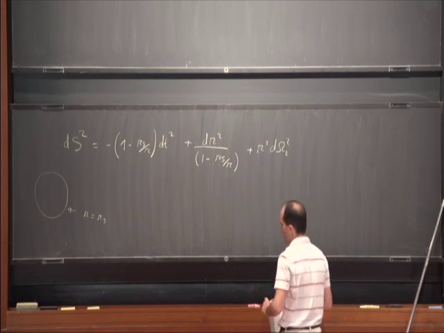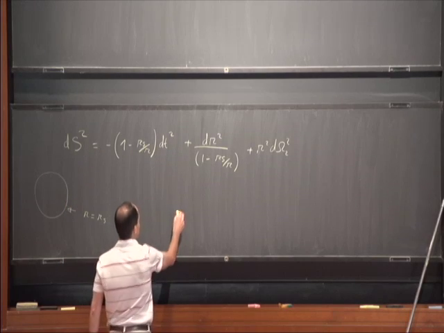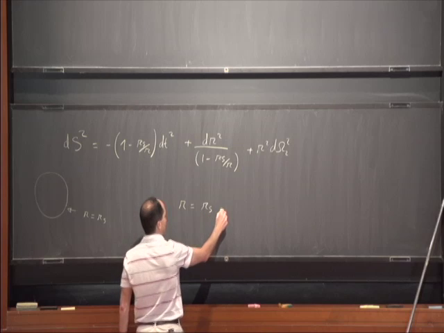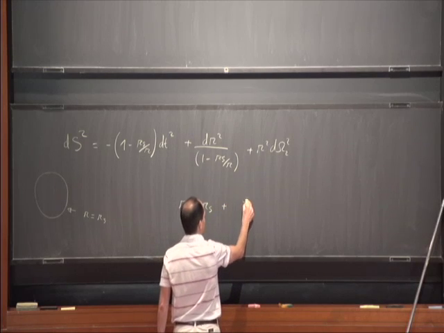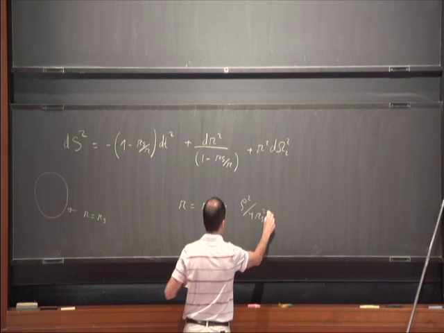So in order to understand the geometry near the horizon, it's convenient to choose a coordinate. So we are going to expand around r equal to rs, and we're going to choose a coordinate rho. And here I'm going to put these factors just for convenience.